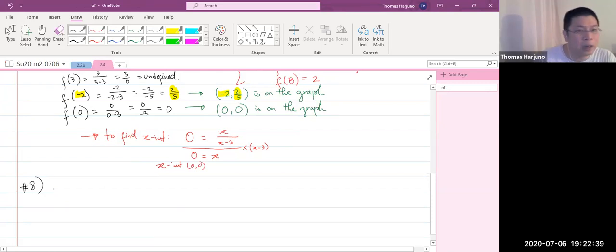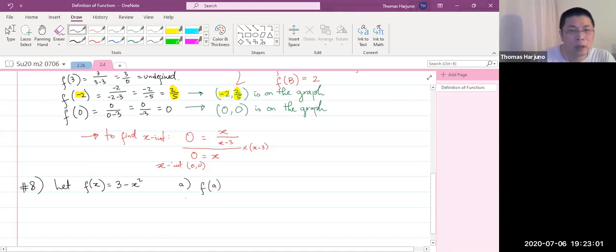Let f of x equal 3 minus x squared. And we will want to find, part A, what is f of a? Part B, what is f of negative a?